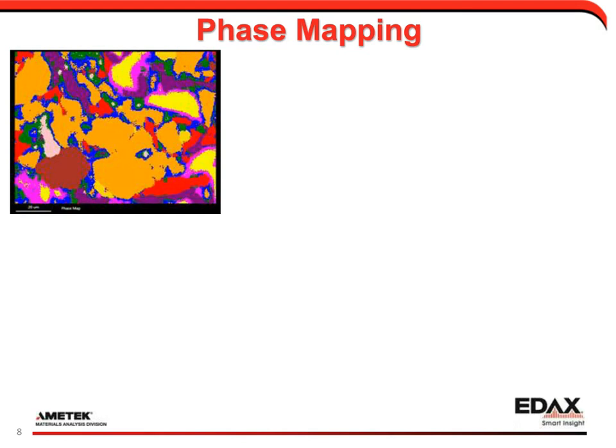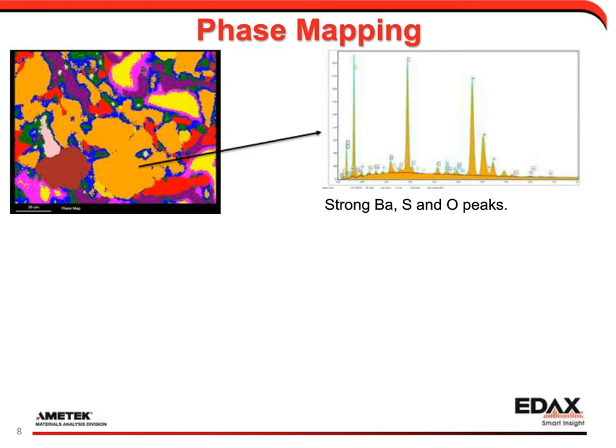If we go in and take a closer look at this phase map, pull out the spectrum, we can see this gold-colored phase. We saw from the overlays that we had barium, sulfur, and oxygen in this phase, and that's what the automatic routine has used to identify this phase. There's strong barium, sulfur, and oxygen peaks.